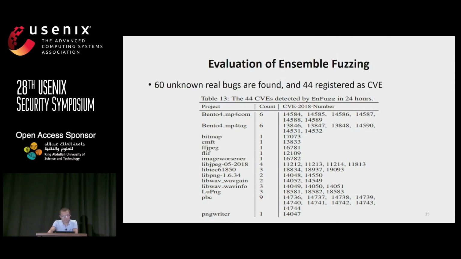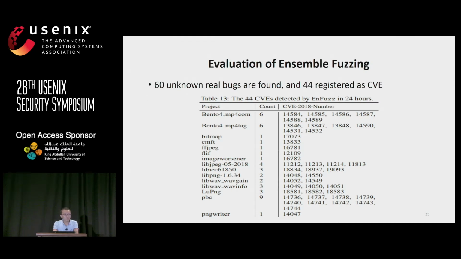If we apply EnFuzz to more real-world applications, we can find that more real bugs have been detected. We apply EnFuzz to fuzz some well-fuzzed projects, such as the image processing libraries libpng and libjpeg, and the audio processing library libwav.